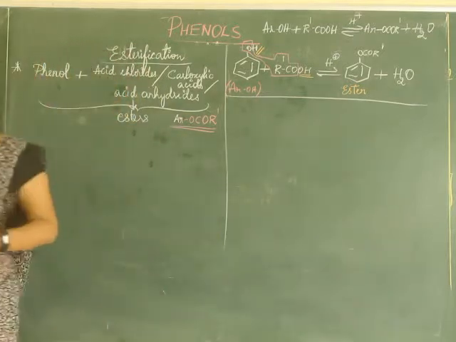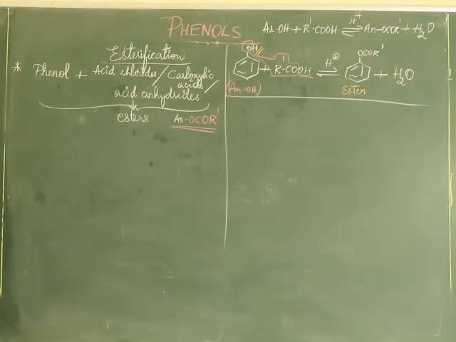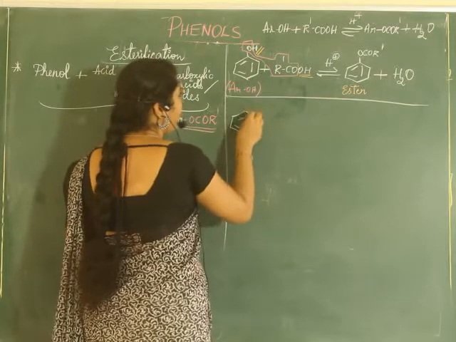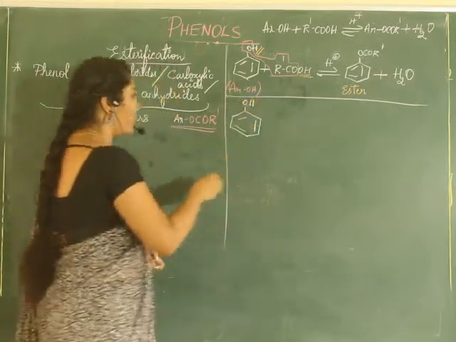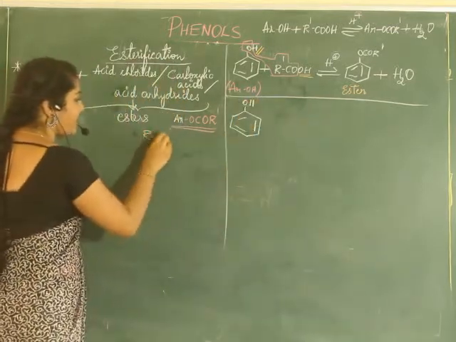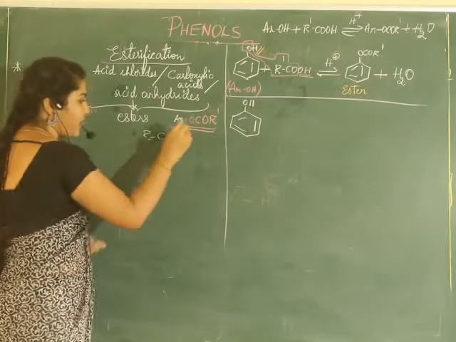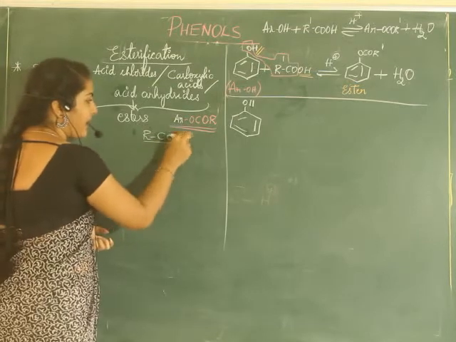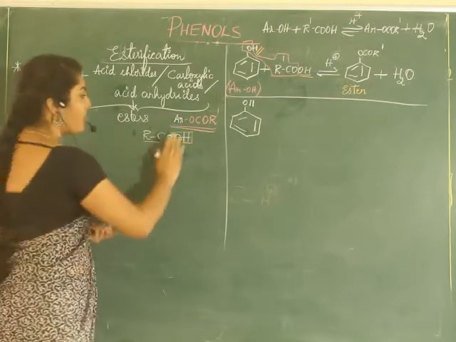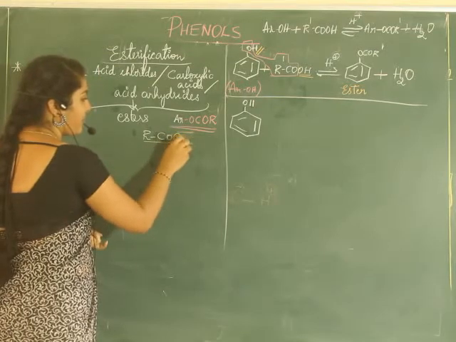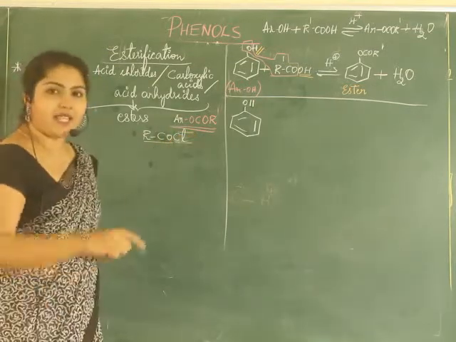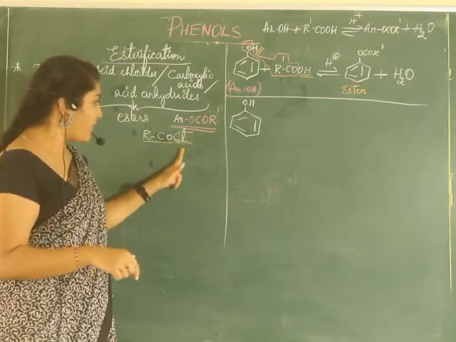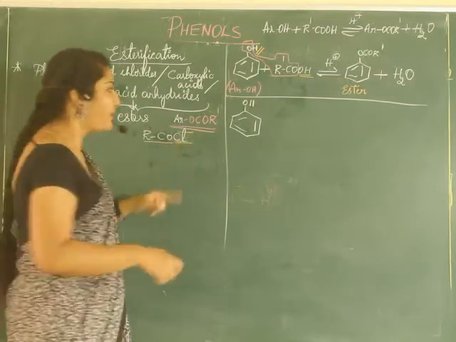Next is acid chloride. Acid, you know, no? The general representation is COOH. Acid chloride is this: apart from OH, we have Cl. Our COOH is the acid. Acid chloride means that the OH will be replaced by Cl.